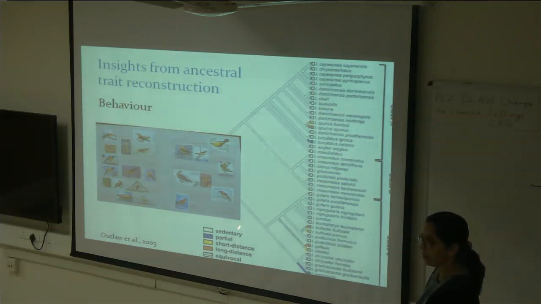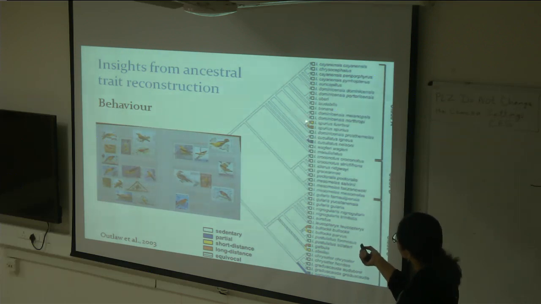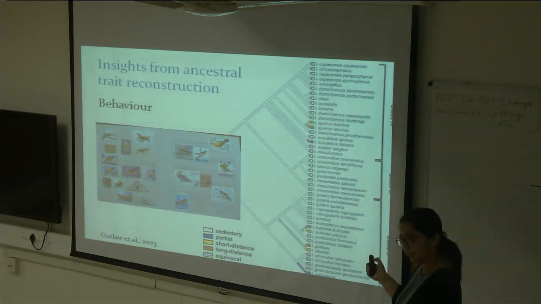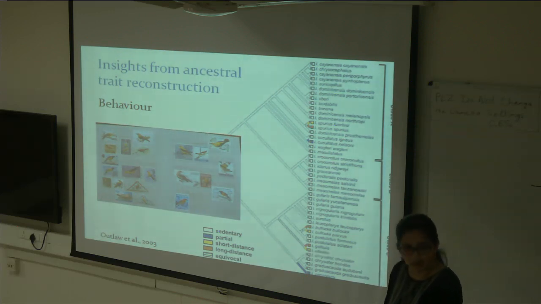Migration as a behavior has evolved 5 times independent of each other. You can see short and long distance, these are species pairs. But partial migration, which is depicted in blue, has evolved twice independently, and that has no directionality. Like partial doesn't later on become a short or long distance species, right?